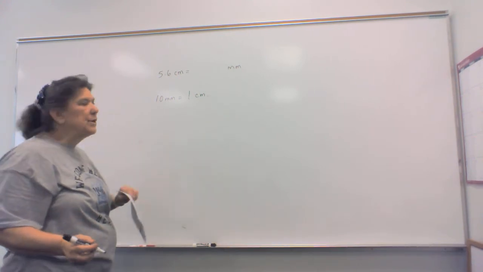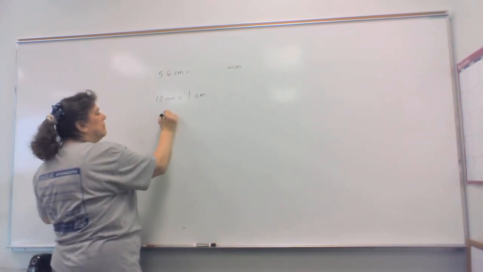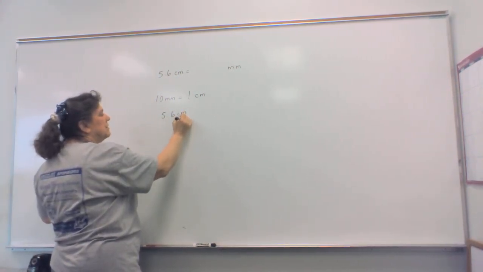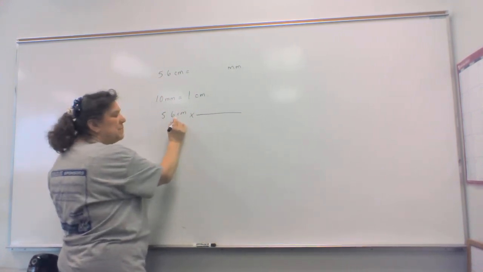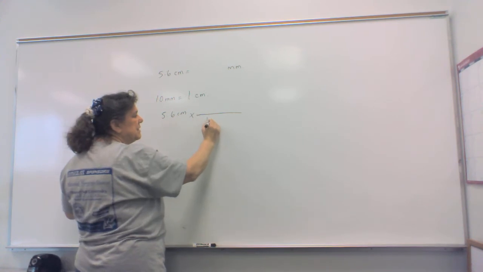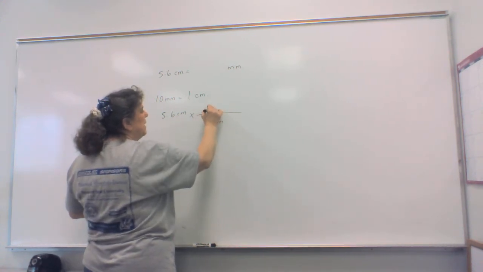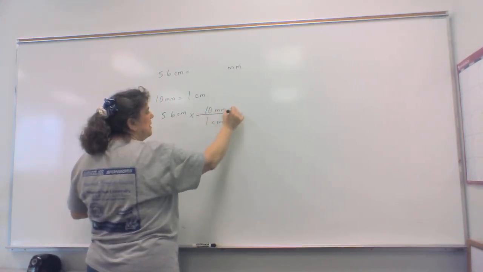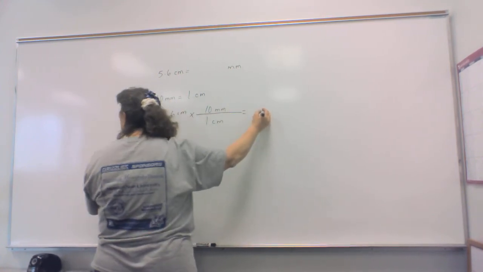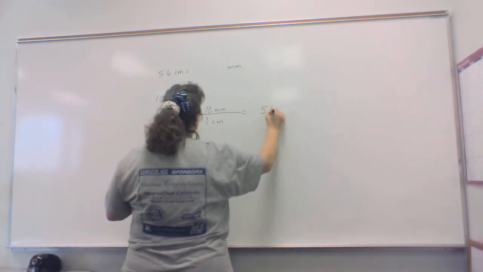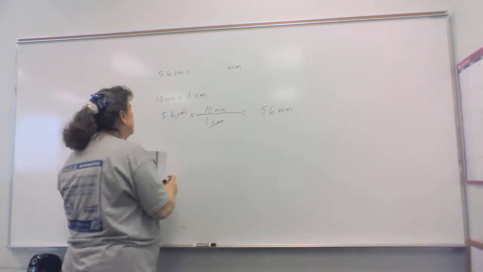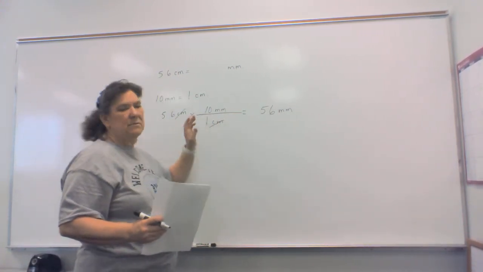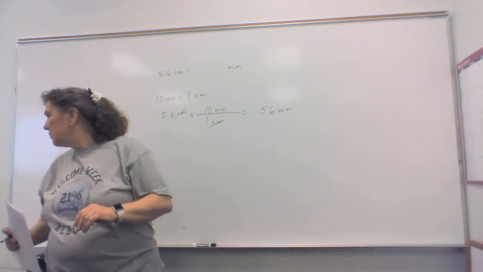So using your equivalency, you have 5.6 centimeters times. And now, centimeter is on top, so my 1 centimeter is going to go on bottom, and 10 millimeters goes on top. And this is going to equal 56 millimeters. Because your centimeters cancel, and 5.6 times 10 is what it would be.